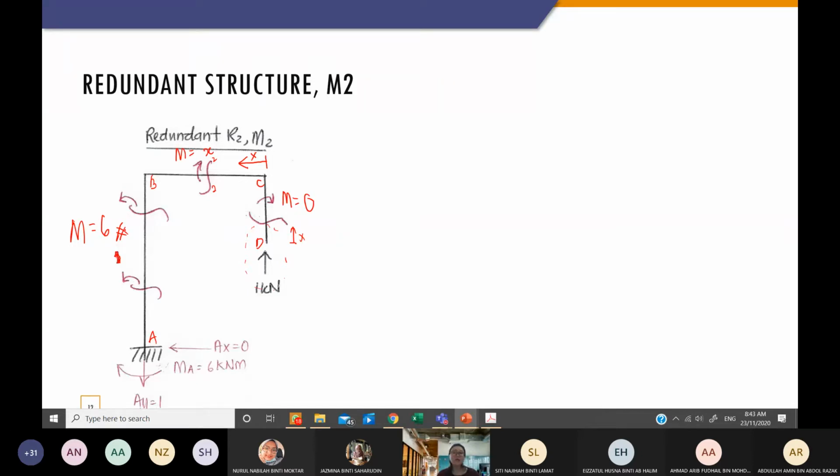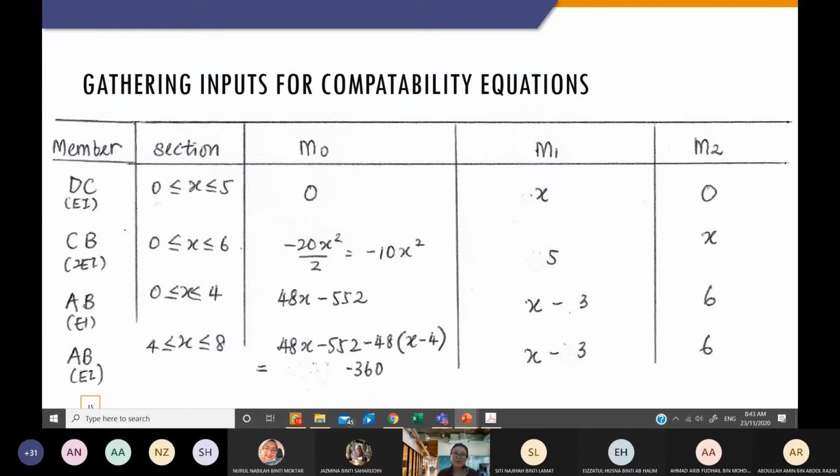So now once you have determined all these moments, you can quickly sort out the data that you would like to put in the compatibility equation. If your mind is already very systematic, without this table you can also write it directly in your compatibility equations.